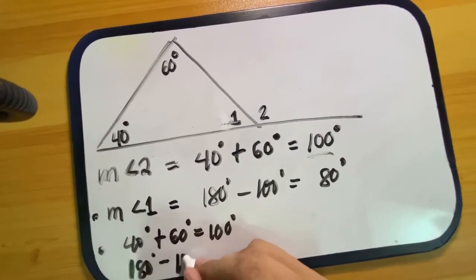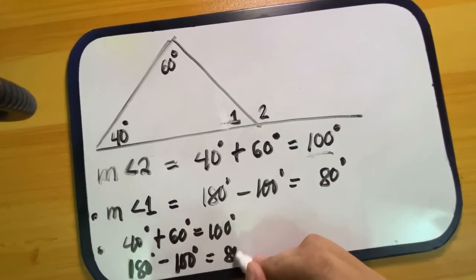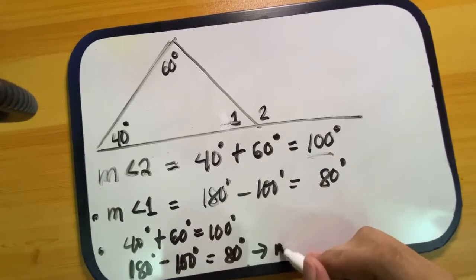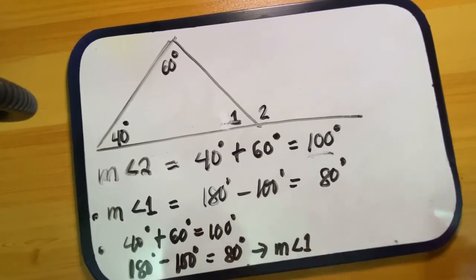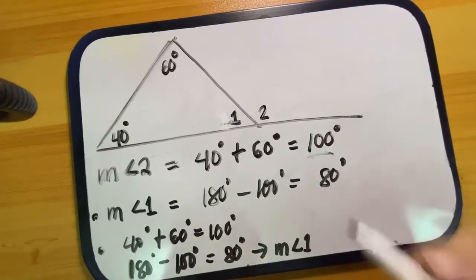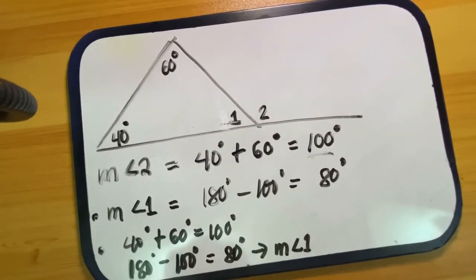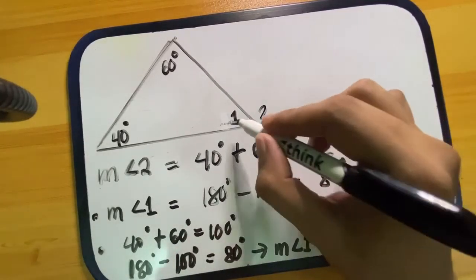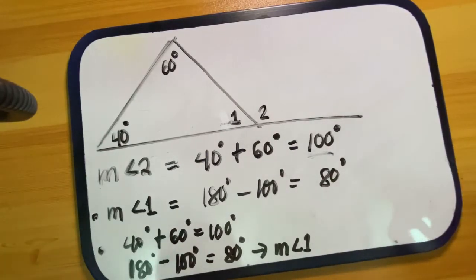So 180 minus 100 degrees, that is 80 degrees. So that is the measurement of angle 1 again. So this is time consuming, I think. So those are the two processes, okay? It's up to you which process you will choose, okay?